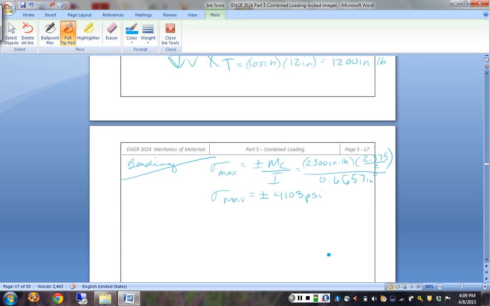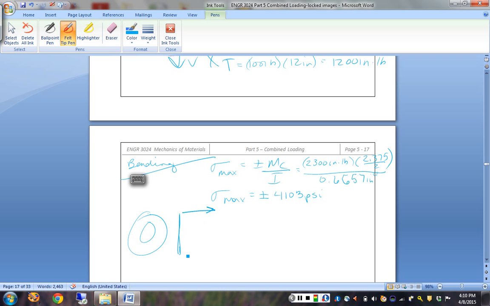Now, we've got to think about this in terms of the whole surface, or what's going on all the way across the cross-section. So if this is my cross-section, and I come over here to plot, what kind of stress happens at the top? Okay, it's downward. So I've got tension at the top. I draw tension away from a cut face.